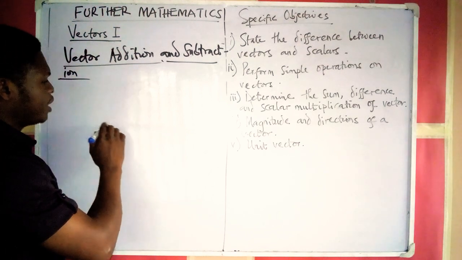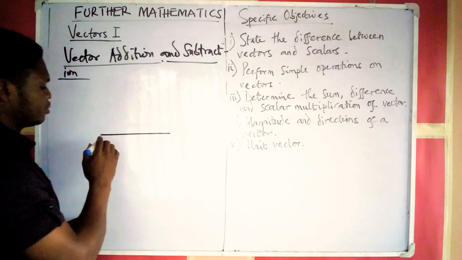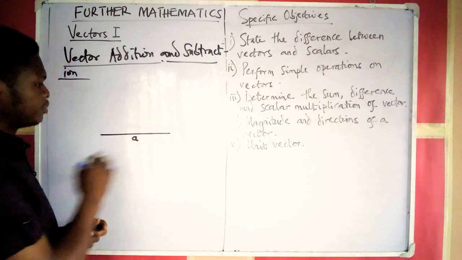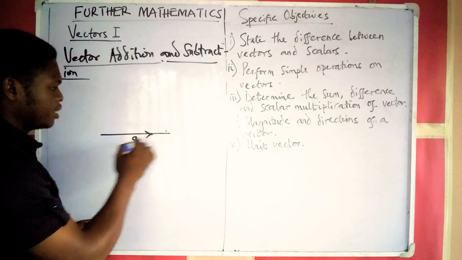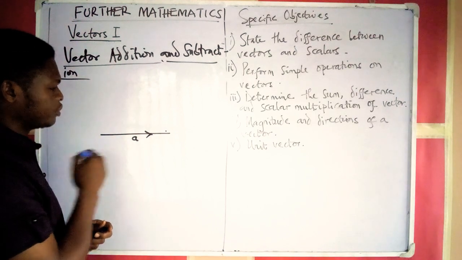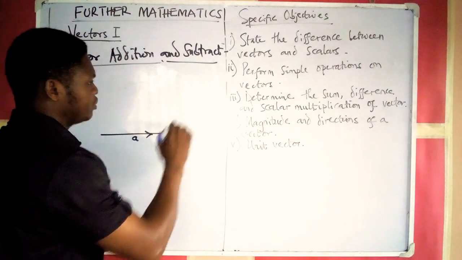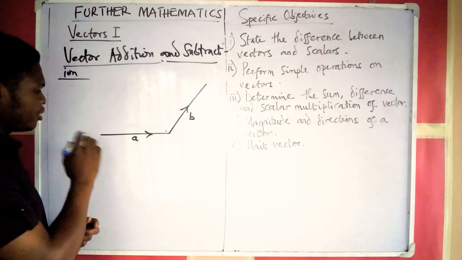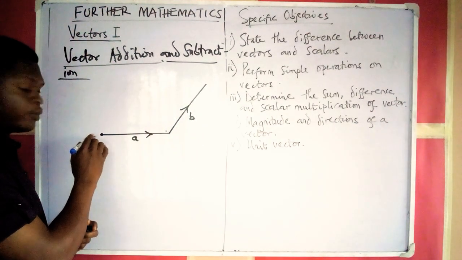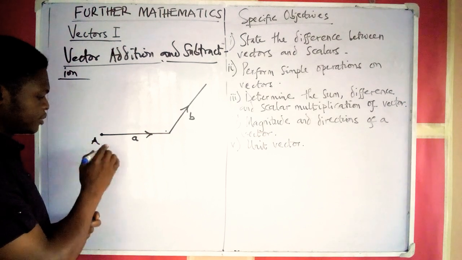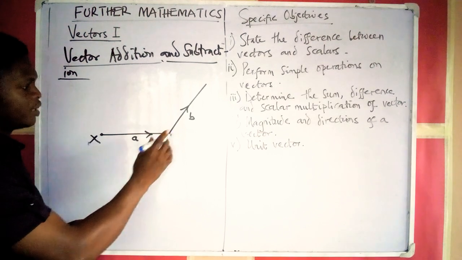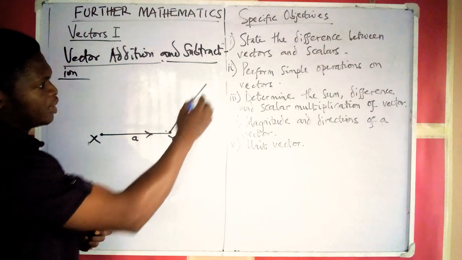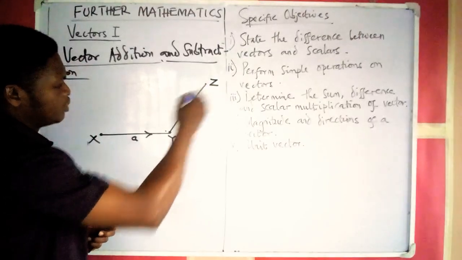So now, assuming I have a vector A in this direction, and I want to add it to another vector, let's say vector B in this direction. Let me call the starting point of A X, the ending point Y, and the ending point of this one Z.